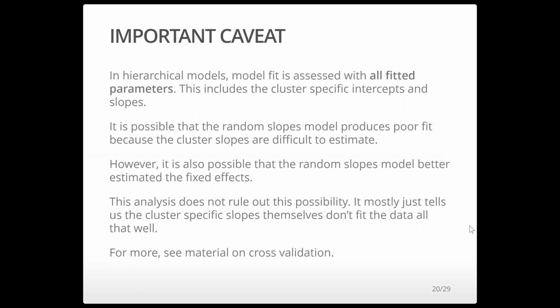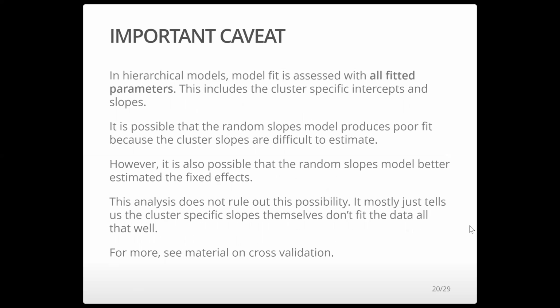So an important caveat here is that in hierarchical models, model fit is assessed using all parameters. This includes the cluster-specific parameters, so all the cluster intercepts and slopes. So it's possible that the random slopes model produces poor fit really because the cluster slopes are difficult to estimate, and they're not very stable and they don't fit the data very well.